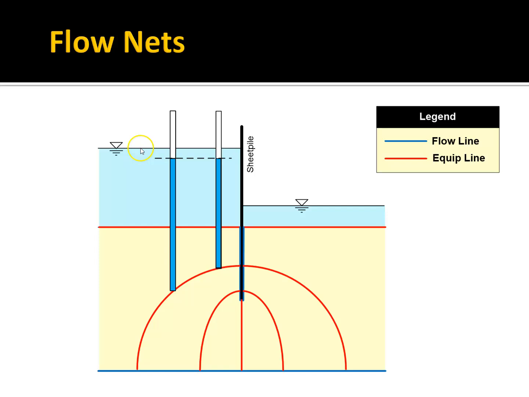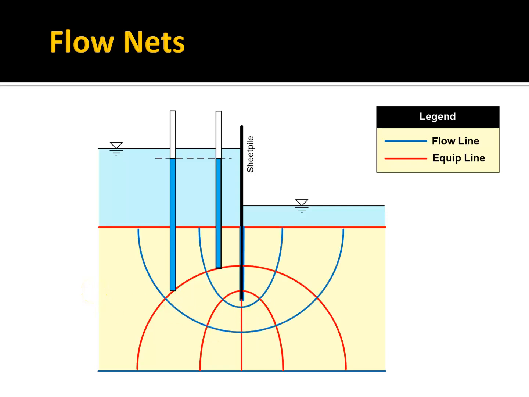And it would be lower than this value because by the time you get to here, you've lost that much head. In this case, we have 1, 2, 3, 4, 5, 6 equipotential drops. So by the time you get to the first equipotential line, you've lost 1/6 of the total head that you would lose going from the left to the right.